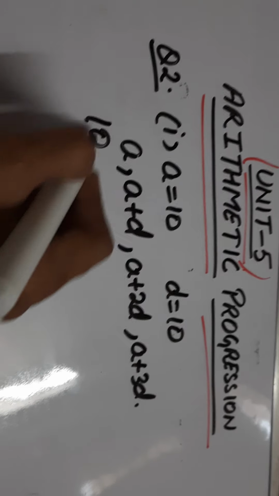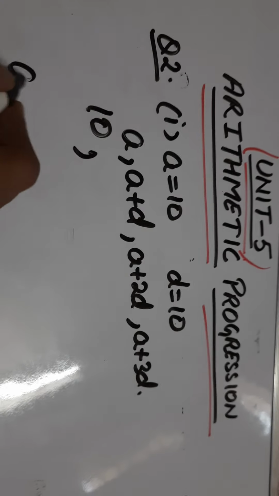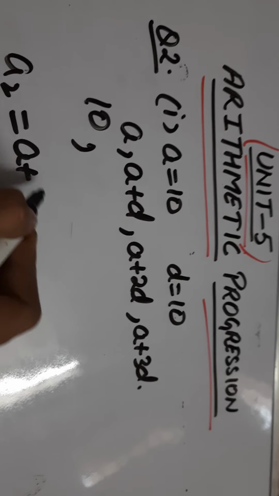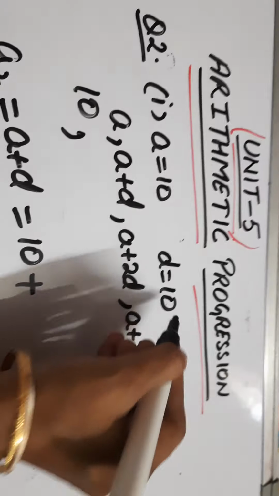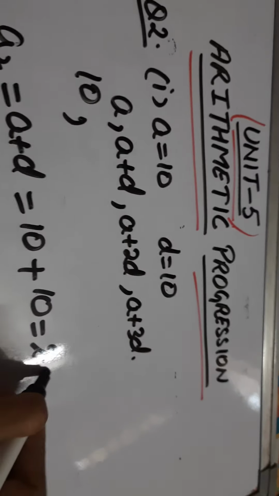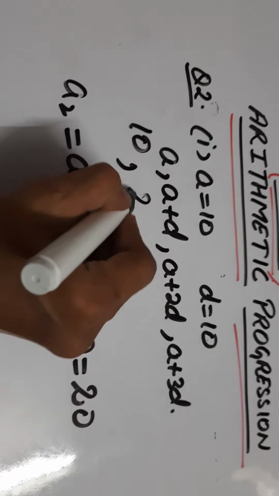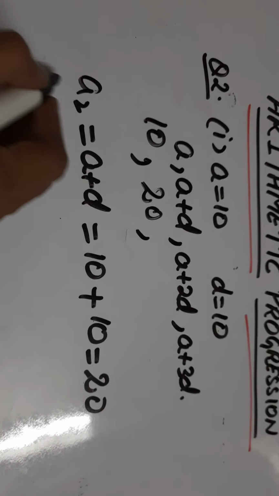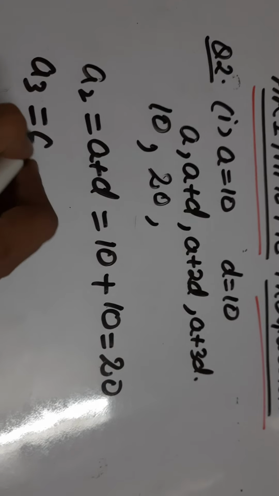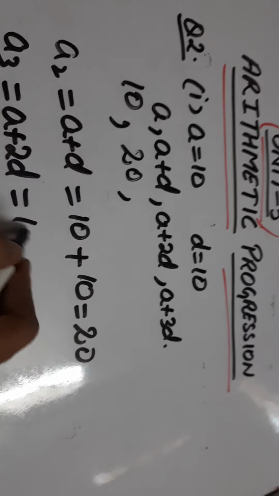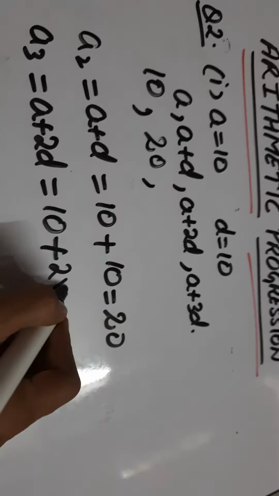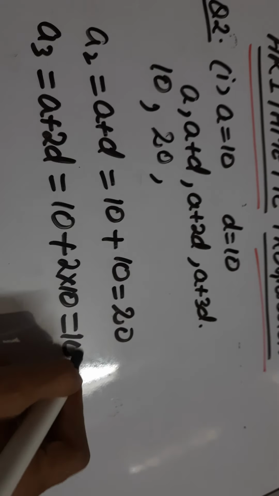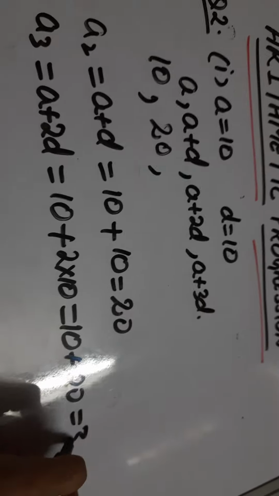The first term is 10. How do we get the second term? Second term is a plus 1d. Put the value of a, 10, plus d is 10. You'll get 20. So the second term is 20. Now the third term, a3, is a plus 3 minus 1, that is 2d. So 10 plus 2 into 10, you'll get 10 plus 20 is equal to 30.